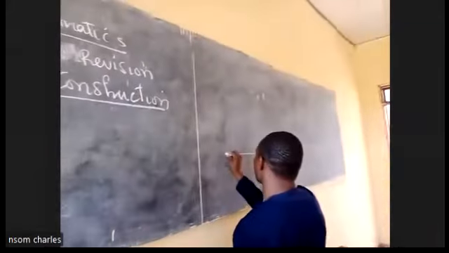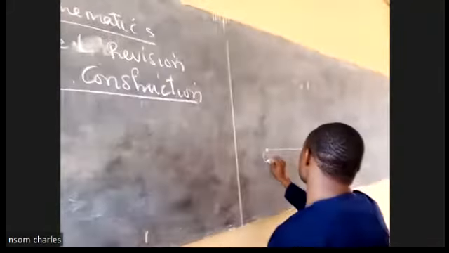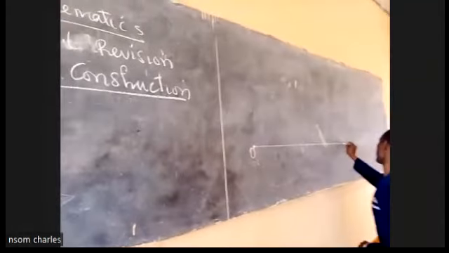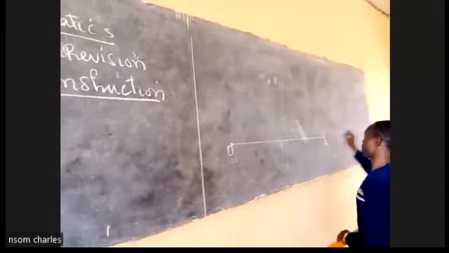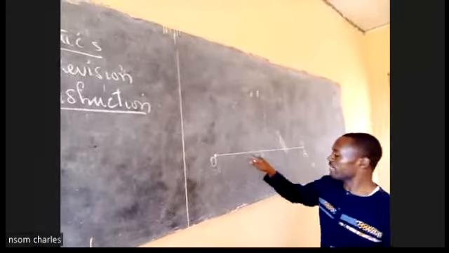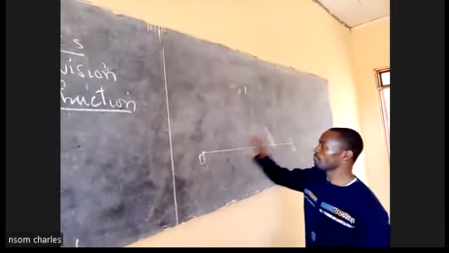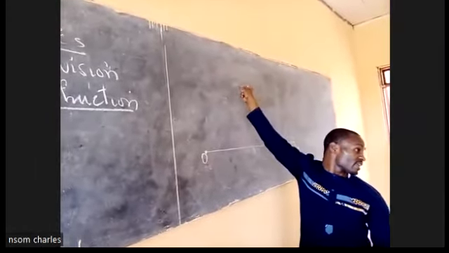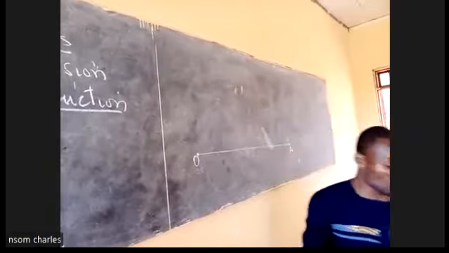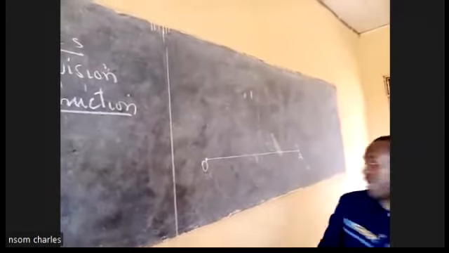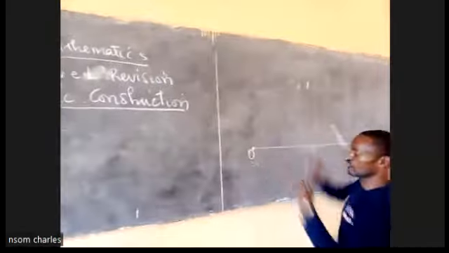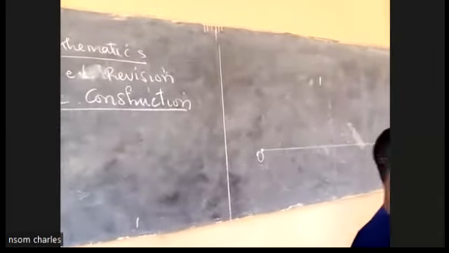This is A. This is O. This is A. The angle AOB. B will be somewhere here, right? But we need to construct B such that the angle AOB should be 30 degrees.